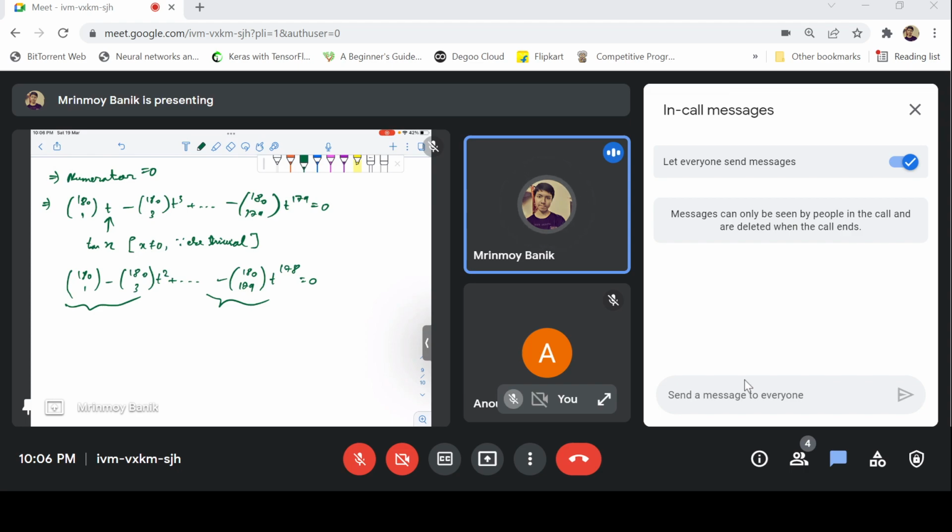So what do we need to find now? So this equation has its roots between 0 and 90, right? So x is between 0 and pi by 2.